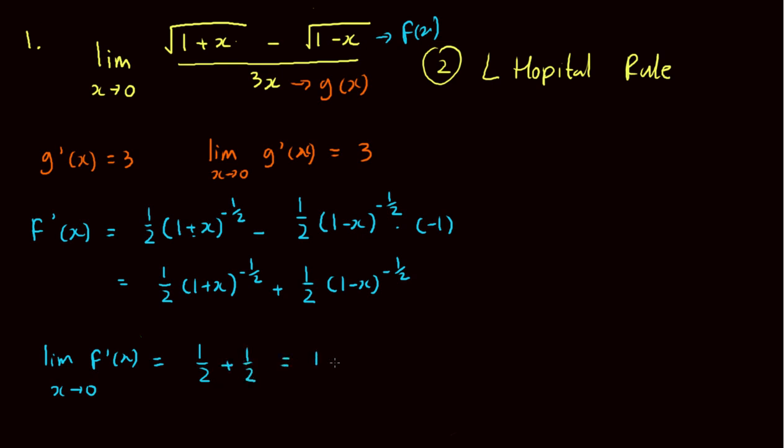It would just become 1, correct? So if we do the L'Hopital rule, our answer would clearly be 1 over 3, because it's just f'(x) over g'(x). So there you go. That's L'Hopital rule.